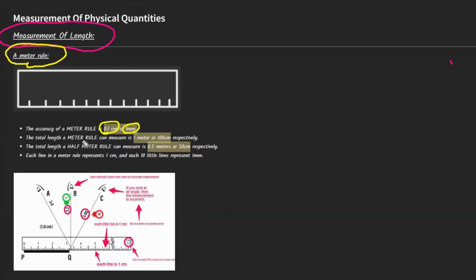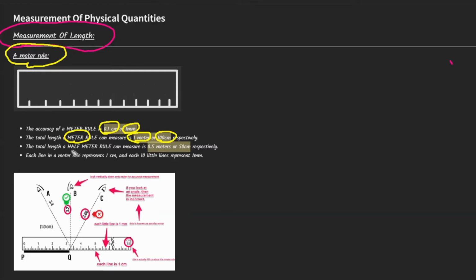The total length a meter rule can measure is 1 meter or 100 centimeters, because 1 meter is 100 centimeters. And this is shown right in the name. A meter rule means it's measuring 1 meter.